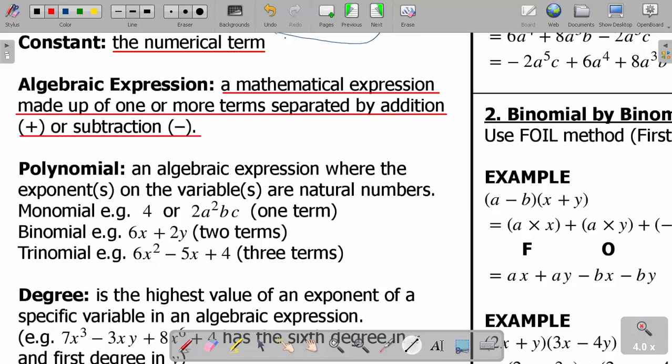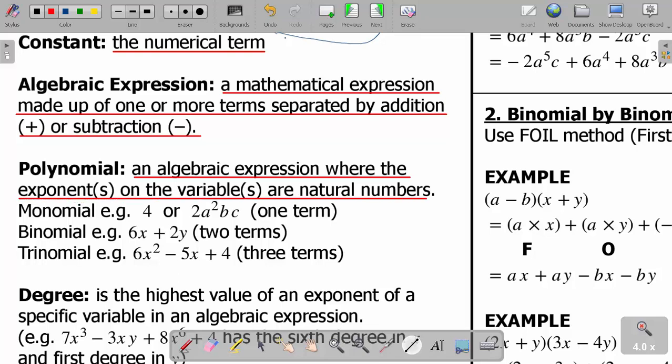Hope we are together. What about a polynomial? That is an algebraic expression where the exponents on the variables are natural numbers. Okay, so a polynomial is an algebraic expression where the exponents on the variables are natural numbers.